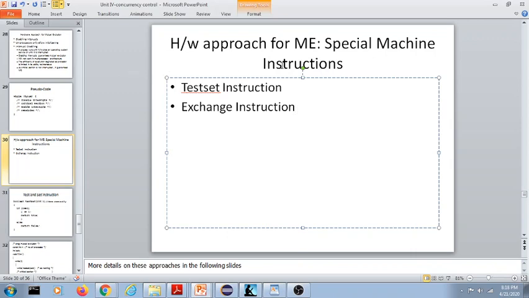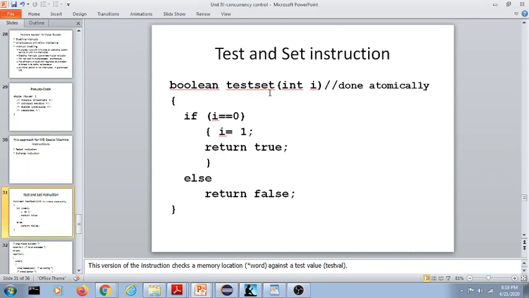In this case, the first instruction in this category of special machine instructions is the test and set instruction, and the second is the exchange instruction. So what is the test and set instruction?